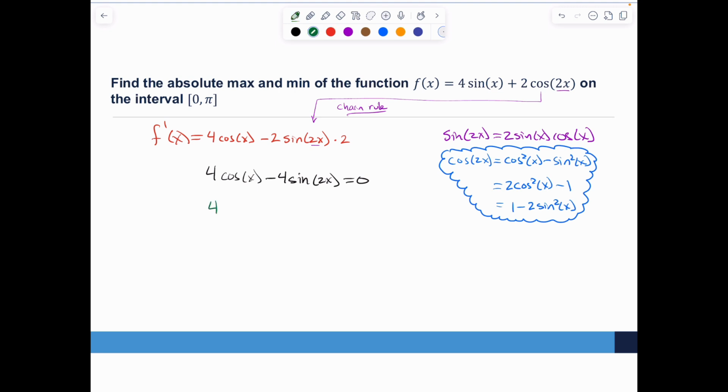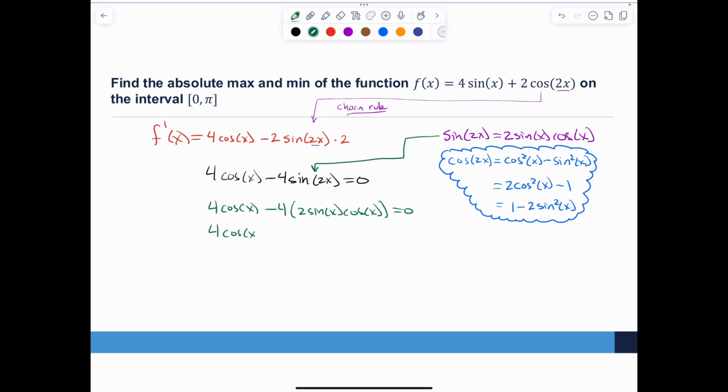So I'm going to use the purple identity right there. Cosine of x minus 4 times 2 sine of x times cosine of x. So you see how I've just made that change? That's pretty straightforward. And then now, let me clean this up, and then we're going to factor.